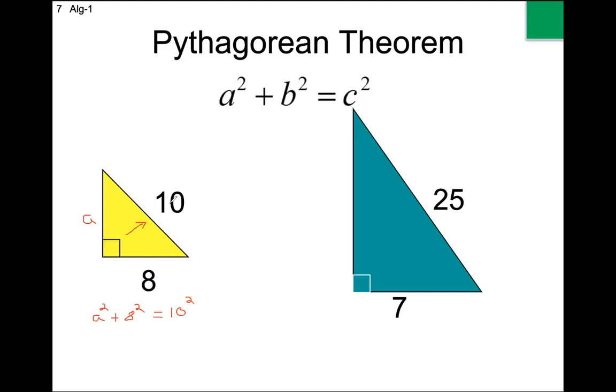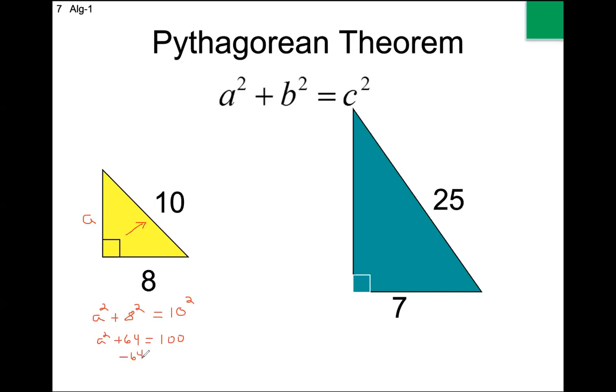So remember, if you can do this in your head, that's fine. But then we get to a number like, I don't know, 25, and you can't do it in your head. So A squared plus 64 is equal to 100. Subtract 64 from both sides. 64.